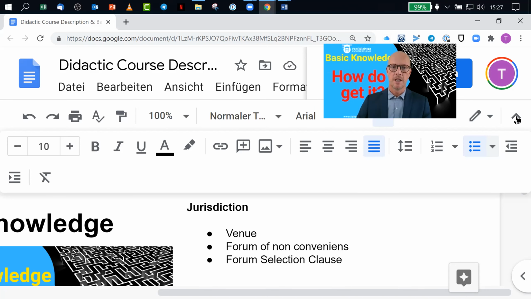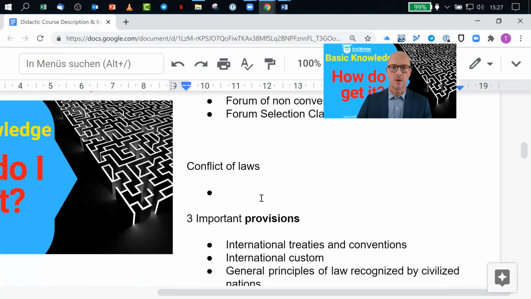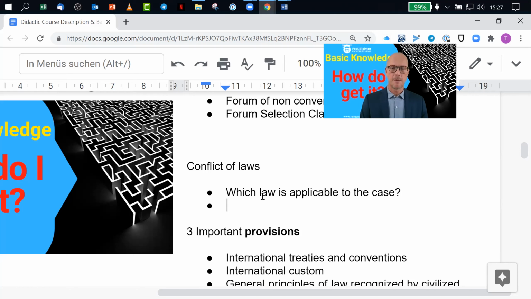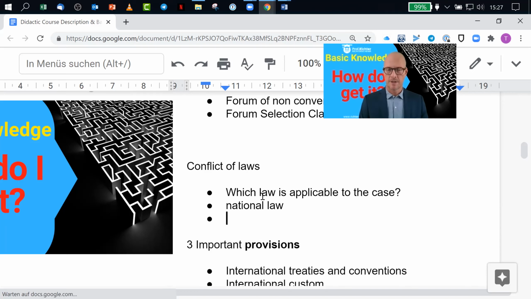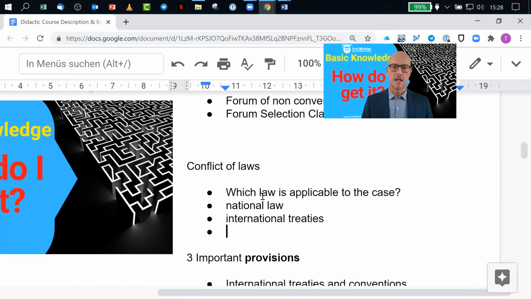If you have some rules, to find out the conflict of law, so which law is applicable to the case, for example national law, or for example international treaties, etc. And this leads us now to the next part.